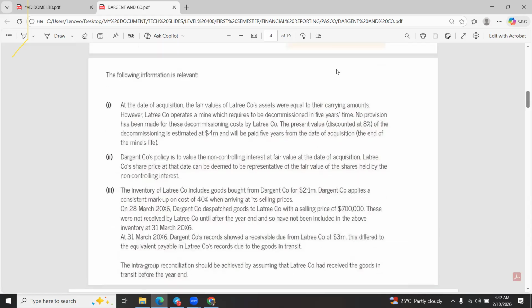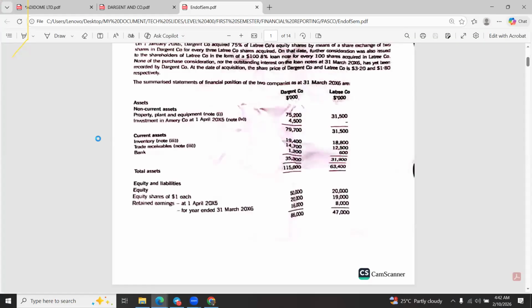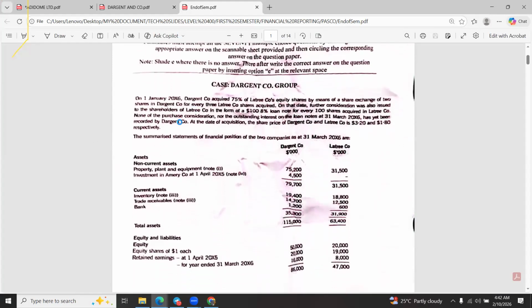All of them are in this question. So this question is really packed. But over the years too, if you check the past question, the first past question, 2021, the same question dropped, nothing changed.